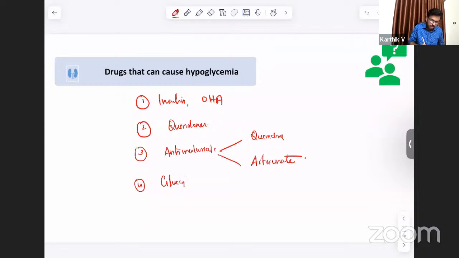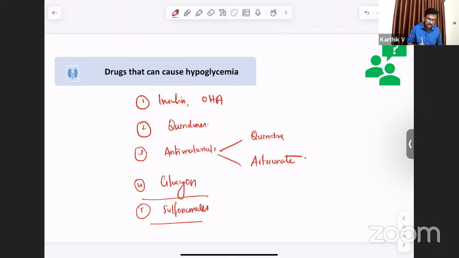Then administration of glucagon in a patient who has been fasting can also result in paradoxical hypoglycemia. There are so many other drugs being mentioned like the sulfonamides, the losartan, the irbesartan, everything has been mentioned.